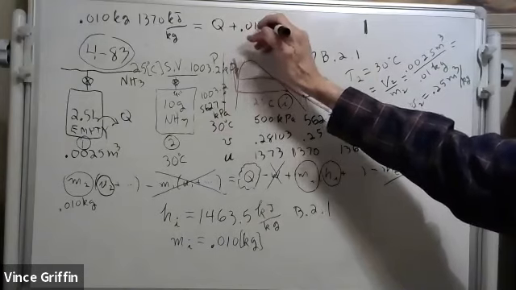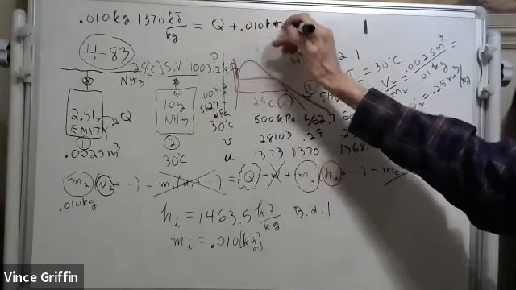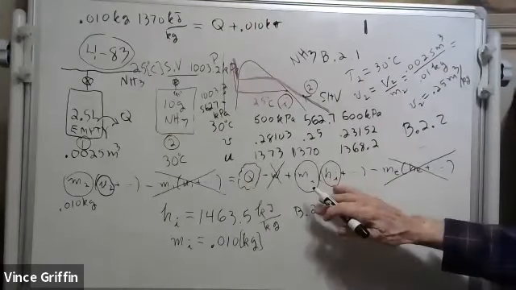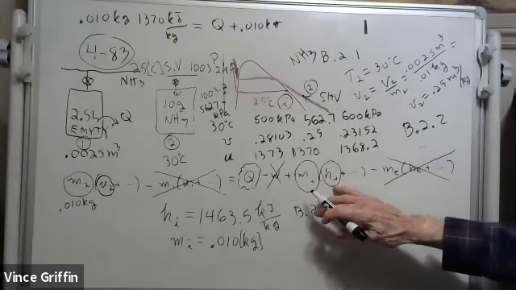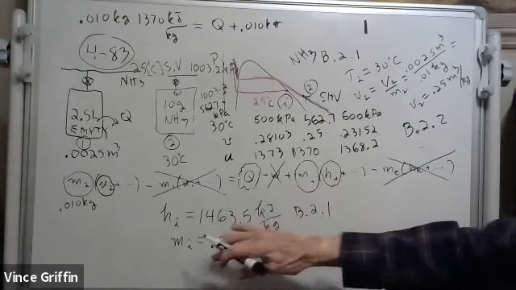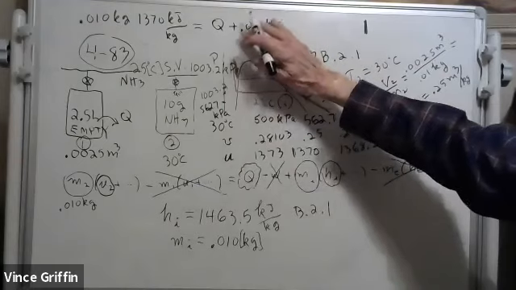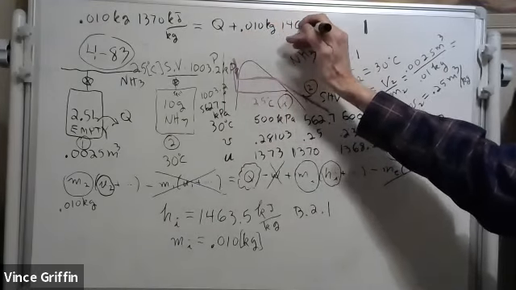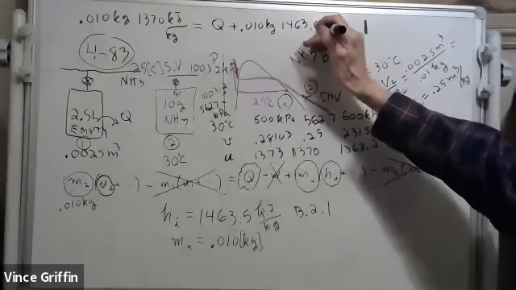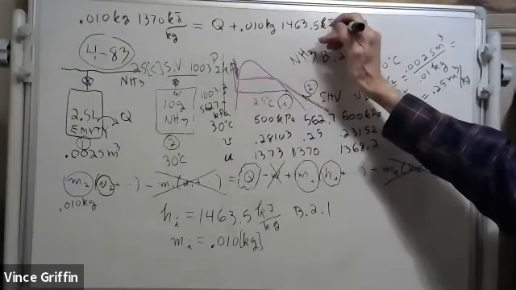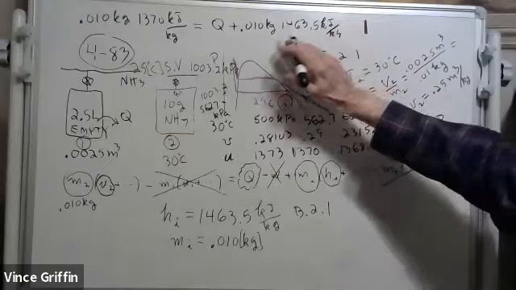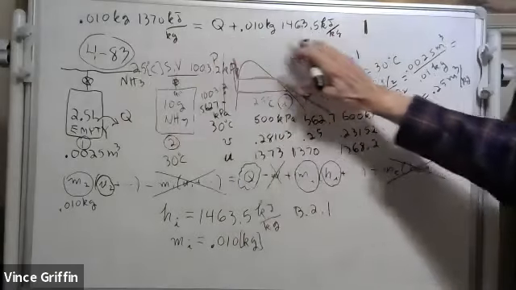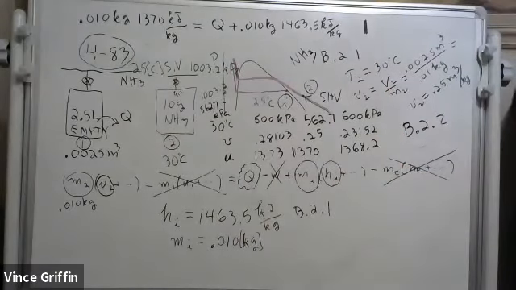It's 0.010 kilogram. And the incoming specific enthalpy, we wrote that down someplace. Oh, there it is. It's 1463.5 kilojoules per kilogram. So here's our equation, and we can solve for the heat transfer. Go for it.